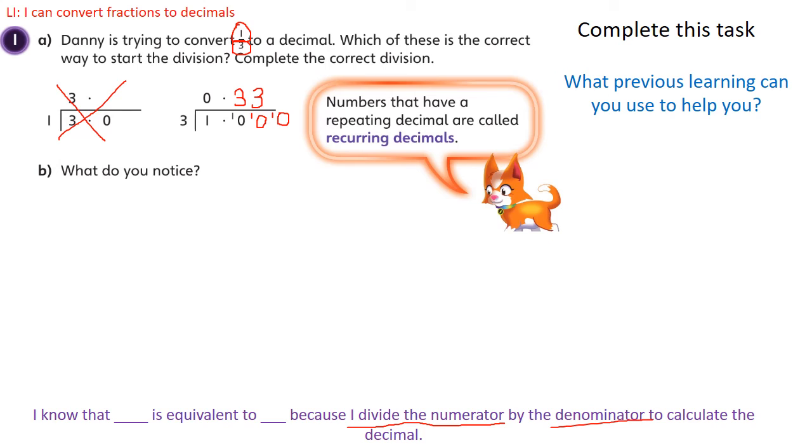So our answer, 1/3 as a decimal, or 1 divided by 3, is approximately equal to 0.33, or we could say it's equal to 0.33 recurring. And to show it's recurring, you put a full stop on the top of your last digit.